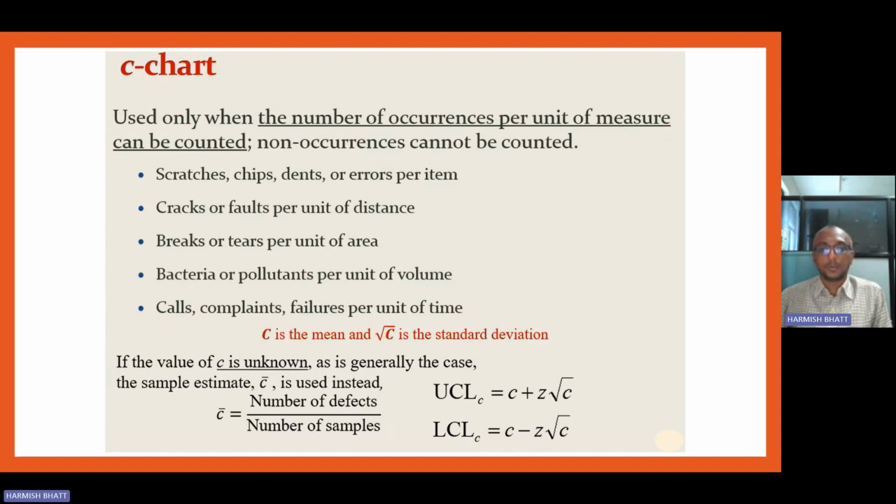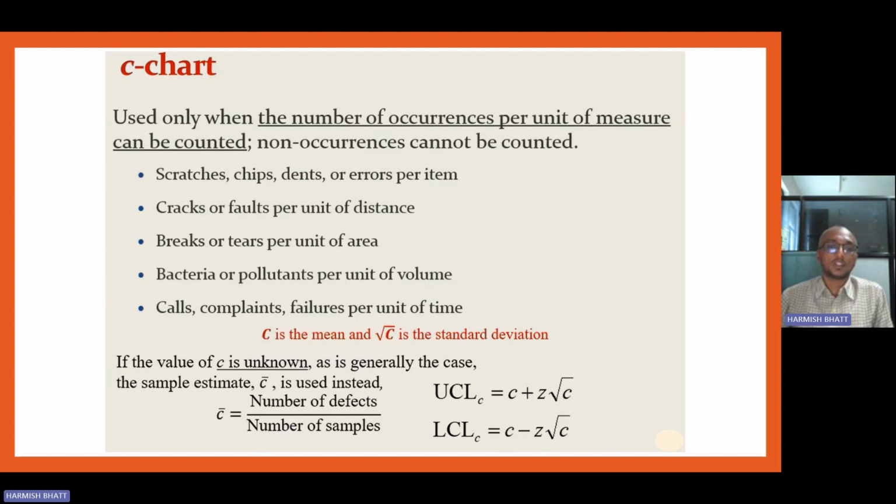Now, if we need to prepare any control chart, we will require the mean line, called the C bar, and the UCL and LCL, the upper control limit and lower control limit. Same as the P chart, C bar can be found by the number of defects divided by the number of samples.